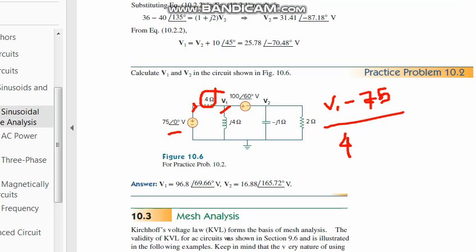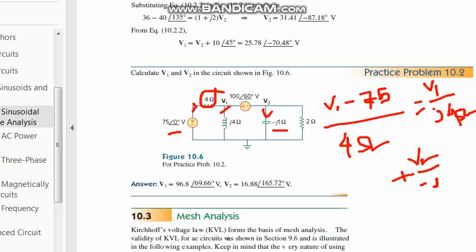That will be equal to the other 3 currents: V1 divided by j4 ohms, V2 divided by minus j1 ohm, and V2 divided by 2 ohms. You can easily find all other things with that.